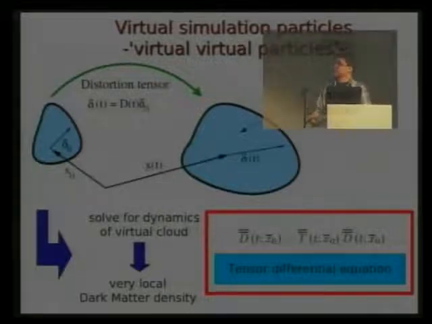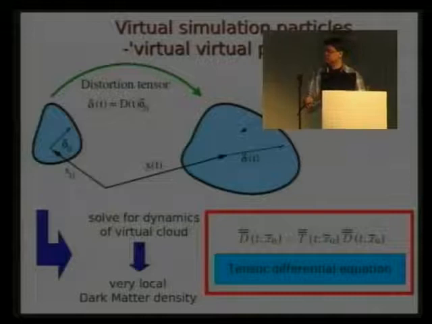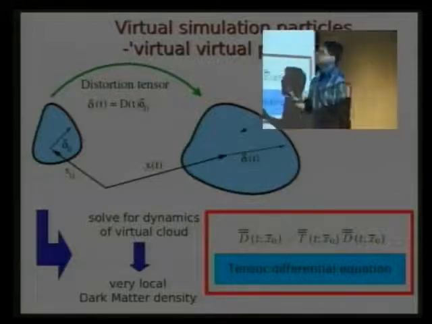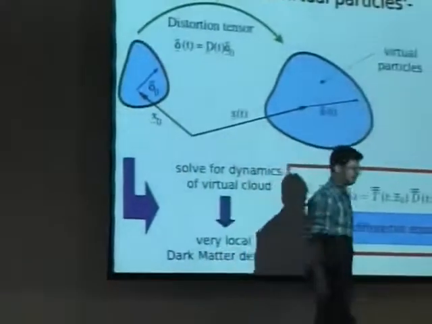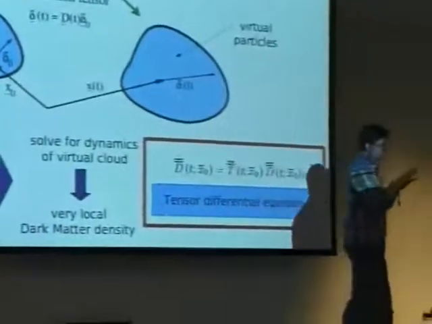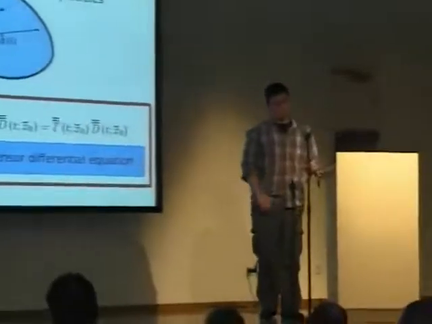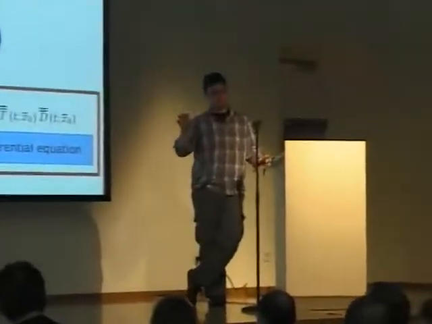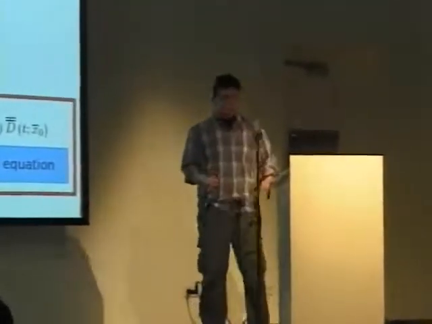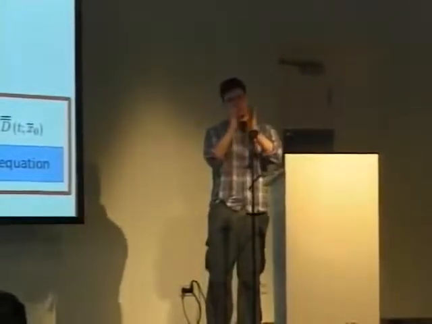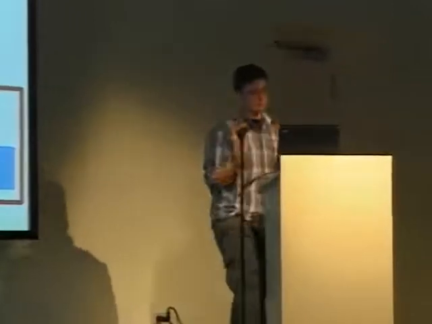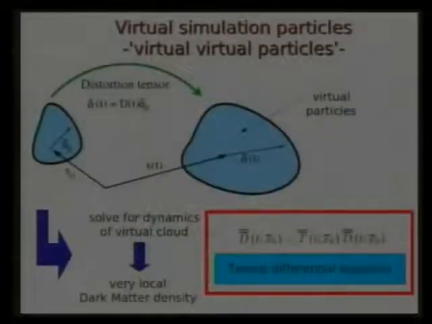So this is a concept where you have a dark matter particle in your simulation at this position here, a real dark matter particle in the simulation, and then you imagine a cloud of virtual dark matter particles that are actually not simulated, but you imagine them around this dark matter particle shown in blue here. And then you ask how this cloud of virtual dark matter particles around the real dark matter particle in the simulation gets distorted, how it gets stretched, and so on.